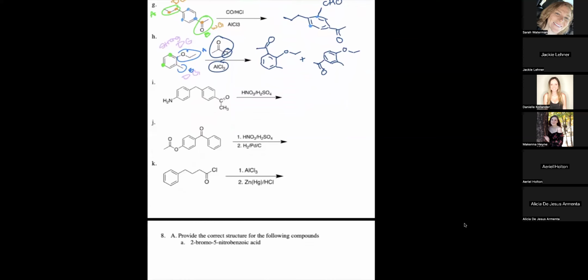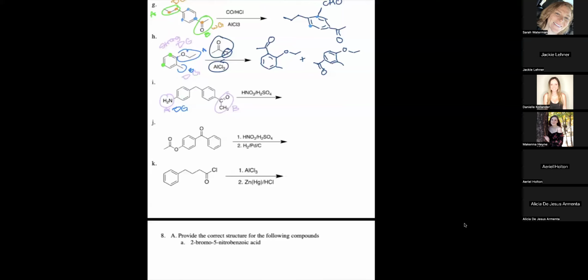What do we have? We have two different rings. So we've got A and we've got B. What's going on? A, withdrawing or donating? Donating.